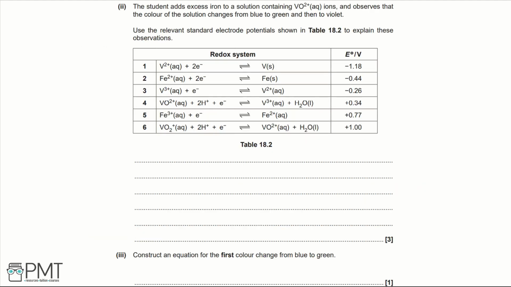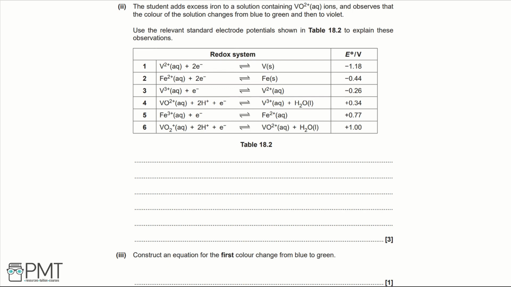Part 2. The student adds excess iron to a solution containing VO2+ aqueous ions and observes that the colour of the solution changes from blue to green and then to violet. Use the relevant standard electrode potentials shown in Table 18.2 to explain these observations.